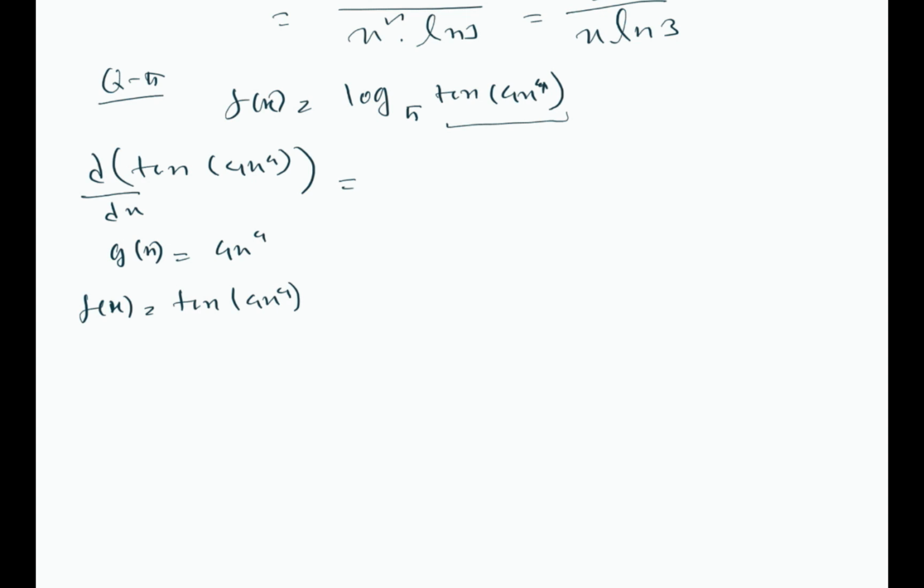So the derivative of tan x is actually sec squared of x, which here is 4x to the power 4, and then the derivative of the inner function, which is 4 times 4x to the power 4 minus 1, that is 3, right? Okay, this is the derivative of tan of 4x to the power 4.